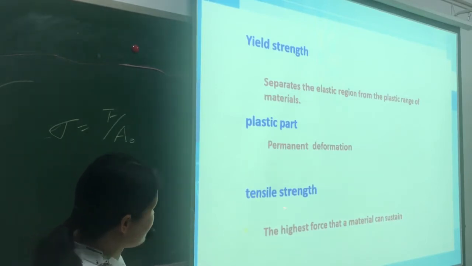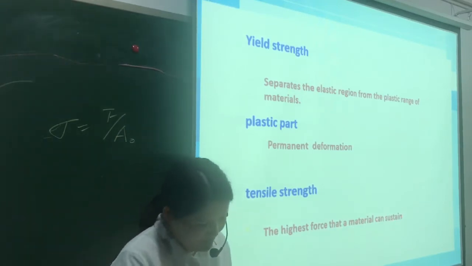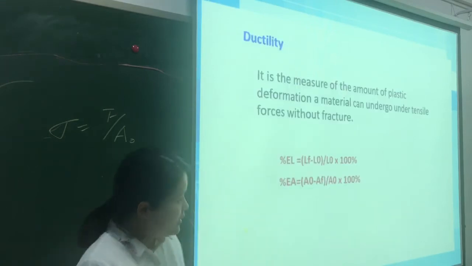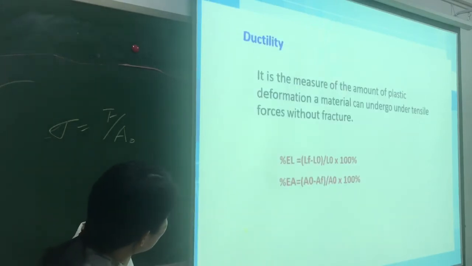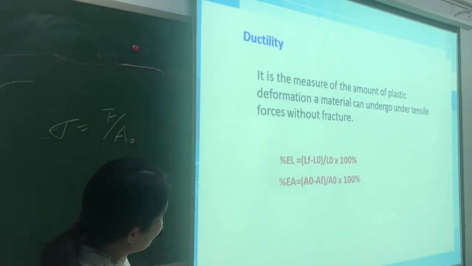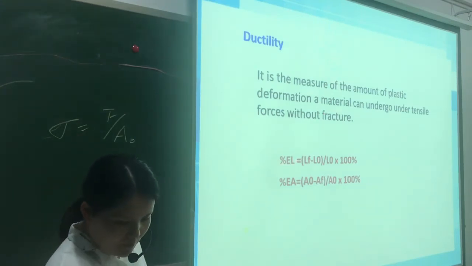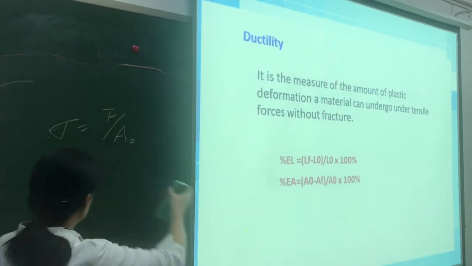The tensile strength is the highest force that a material can sustain. And ductility. Ductility is a measure of the amount of plastic deformation a material can undergo under tensile force without fracture.